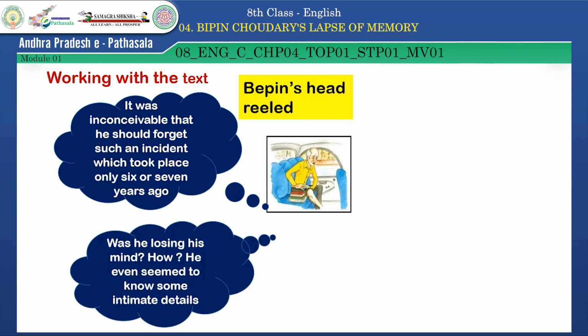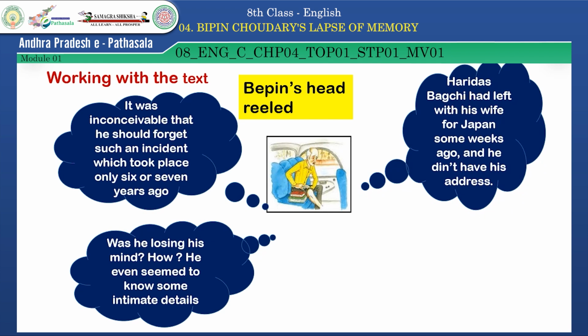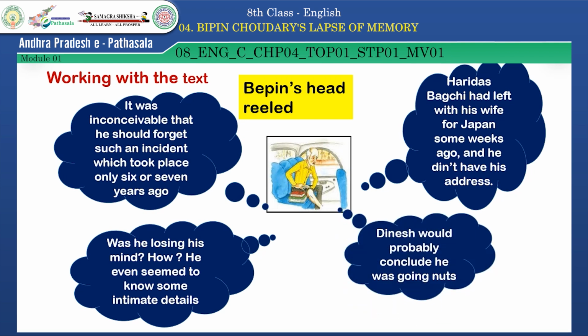Was he losing his mind? How? He even seemed to know some intimate details. Who knows intimate details? Parimal Ghosh. Haridas Bagchi had left with his wife for Japan some weeks ago and he didn't have his address. Dinesh would probably conclude he was going nuts.